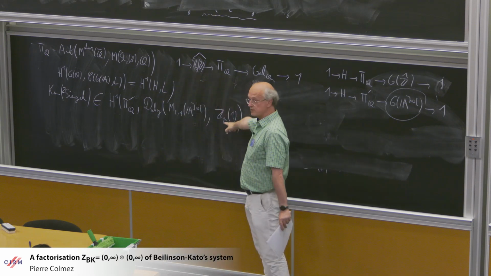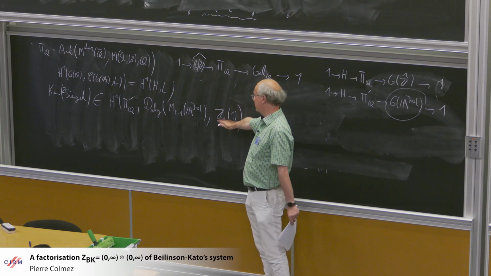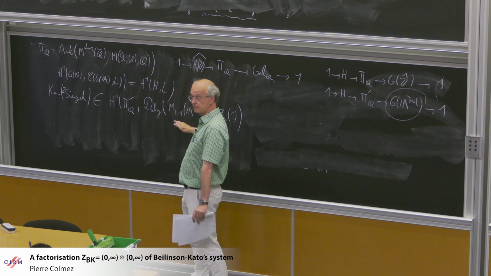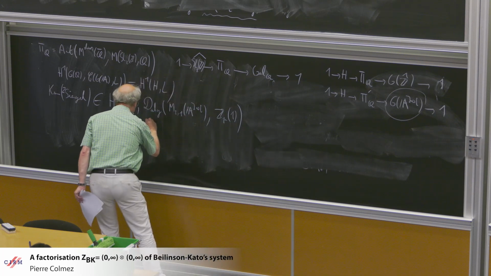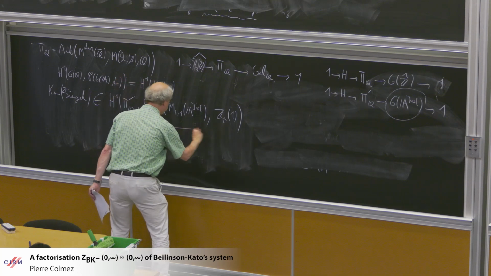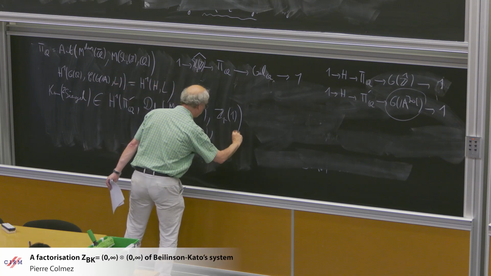Okay, but because they are with values in some lattice, in fact, they can be viewed also as measures on this space. So you can view them as having values in the measures on this thing with values in ZP of 1.